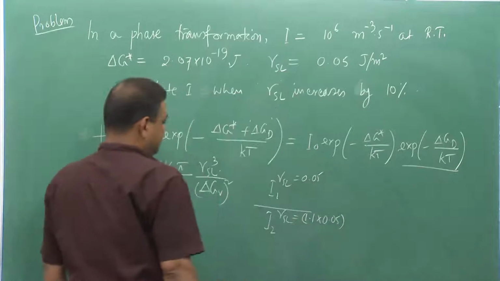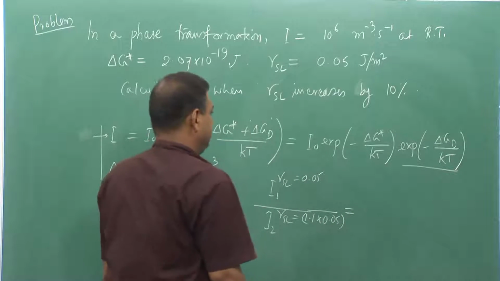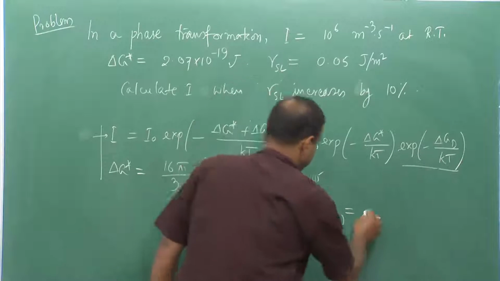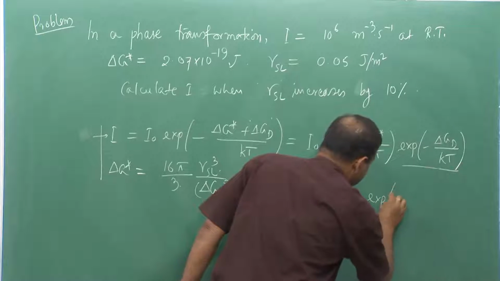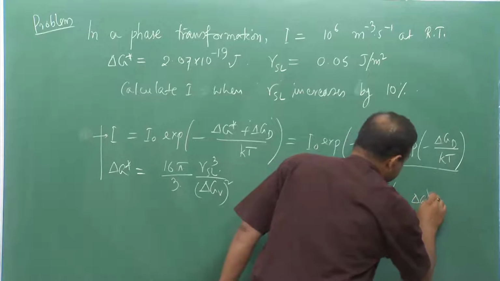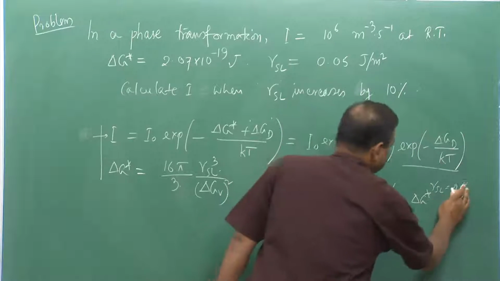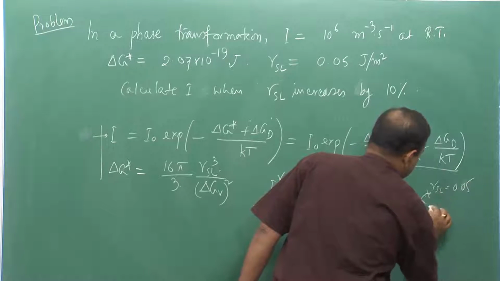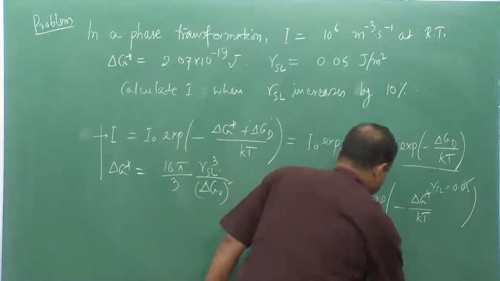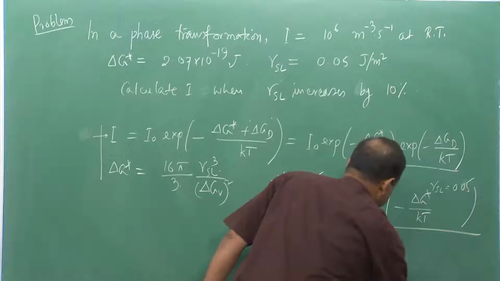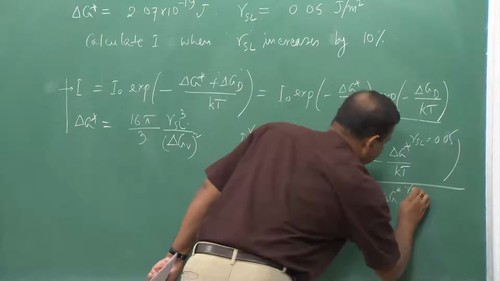If we take the ratio, since this part is the same and this is also a constant, we get exponential minus del G star when gamma SL equals 0.05 divided by kT, and exponential minus del G star when gamma SL equals 1.1 into 0.05.